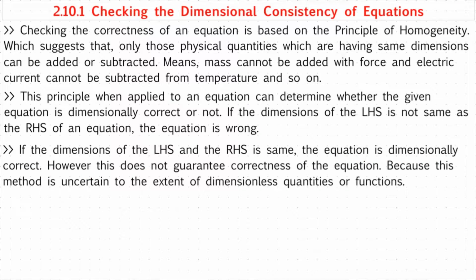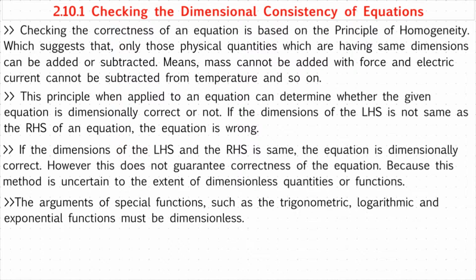However, it does not guarantee the correctness of the equation, because this method is uncertain to the extent of dimensionless quantities or functions. Moreover, the arguments of special functions such as trigonometric, logarithmic, and exponential functions must be dimensionless.